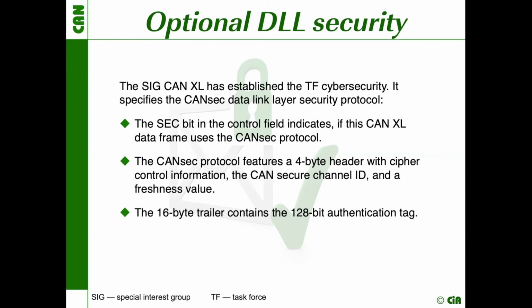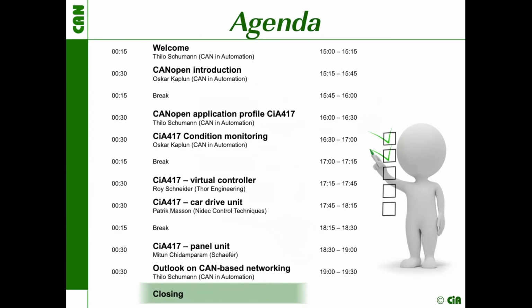Yeah, that should be a short outlook on CAN-based networking. With CAN FD available today, which can be used today, we have already huge improvements for existing applications. And with CAN XL ahead in the next 4 or 5 years, maybe 6 years, I don't know, we will have a future outlook, and we can have higher data rates.